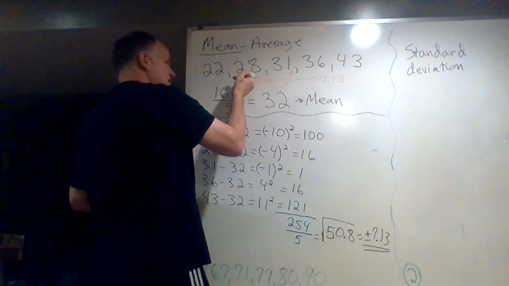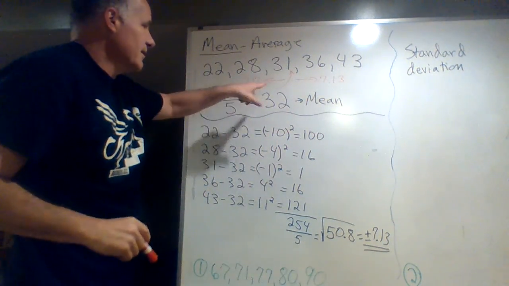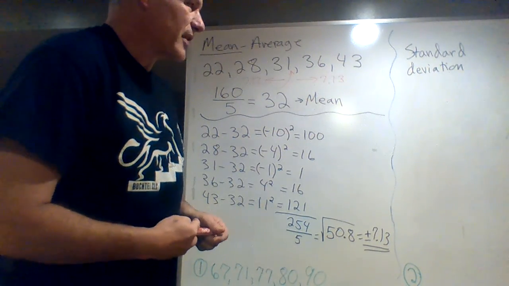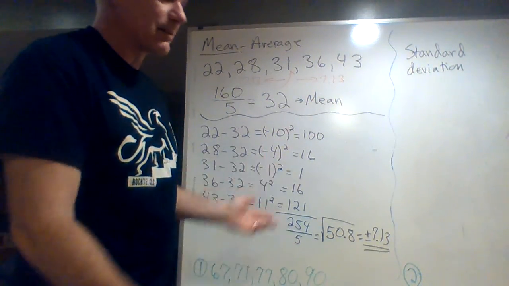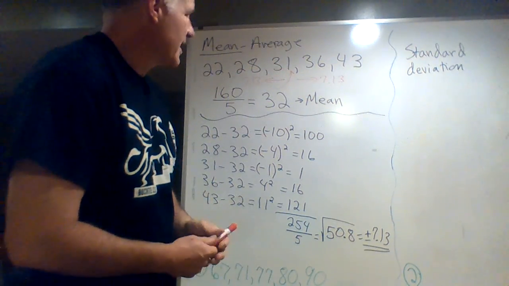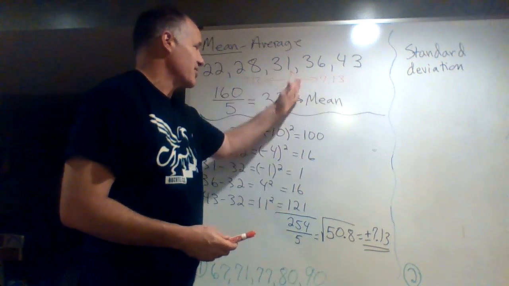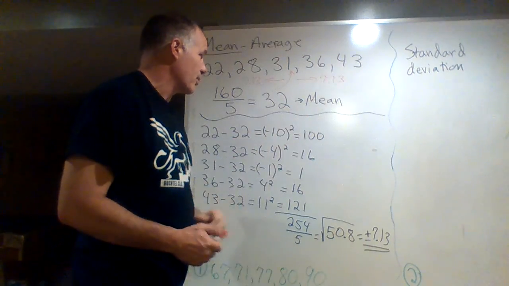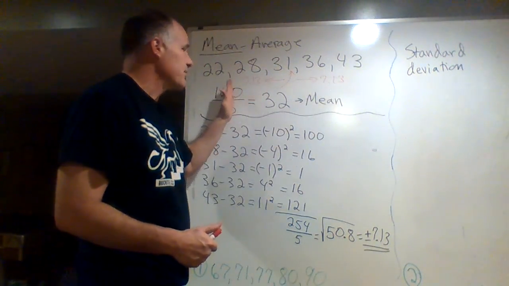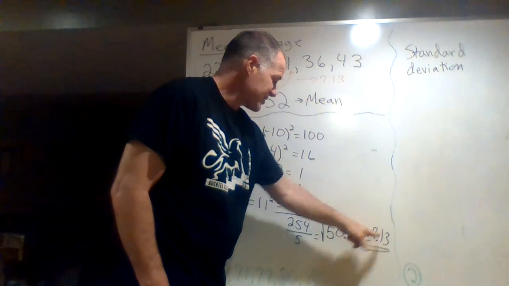This is used in a lot of data work. When you take a survey of people's different answers to things, you ask how far away most of the data is from the center, from the mean. The mean is the center point, and the data is on average about 7.13 above and 7.13 below. That's what standard deviation is, plus or minus 7.13.